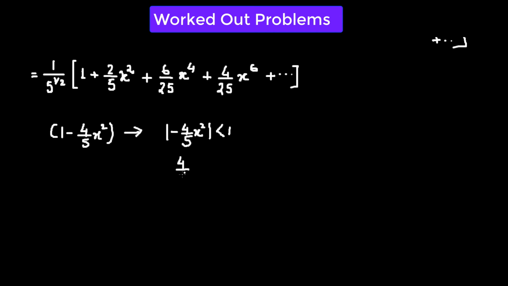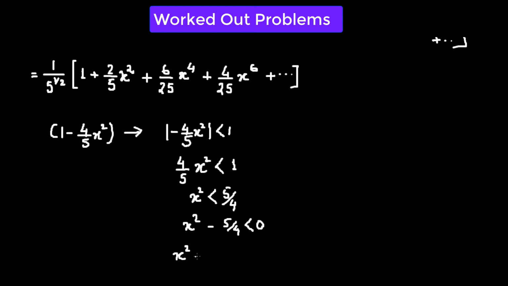So this gives us 4/5 of the absolute value of x squared, which is simply x squared, is less than 1. Multiplying both sides by 5/4, we get x squared minus 5 over 4 less than 0.